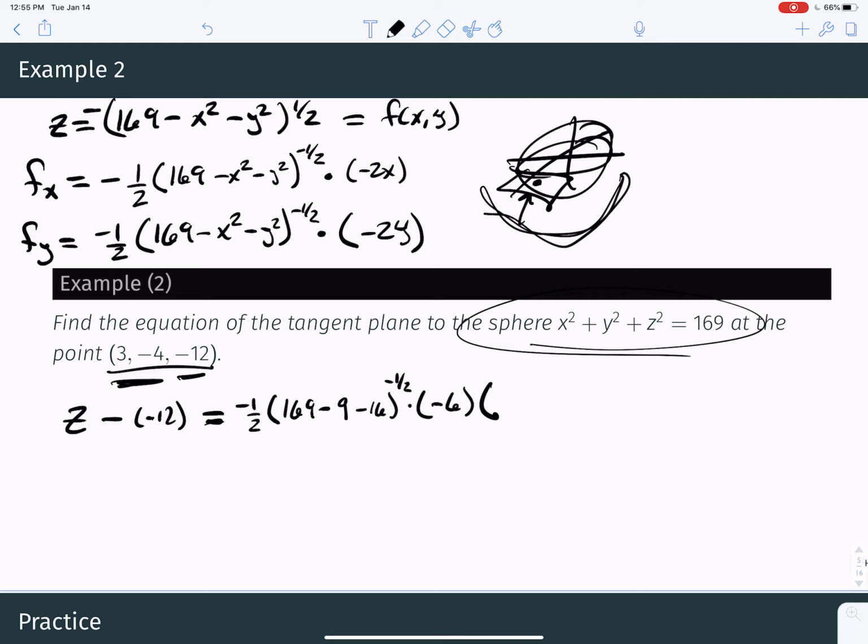So whatever that is, times (x minus 3). Plus, and then similarly, we'll have negative 1/2 times (169 minus 9 minus 16) to the negative 1/2, times 8, times (y plus 4), I guess.